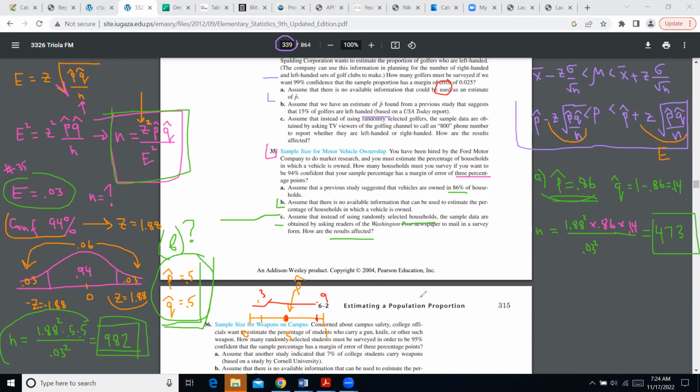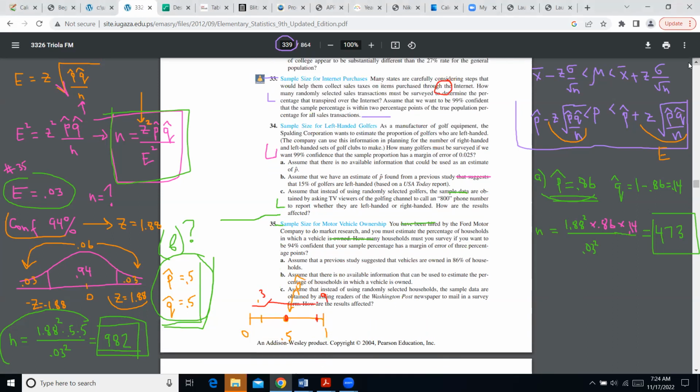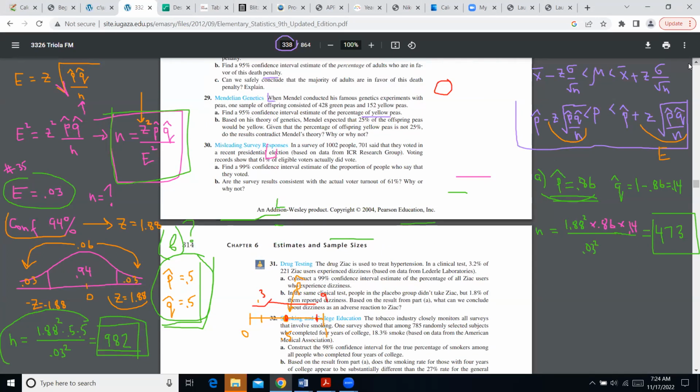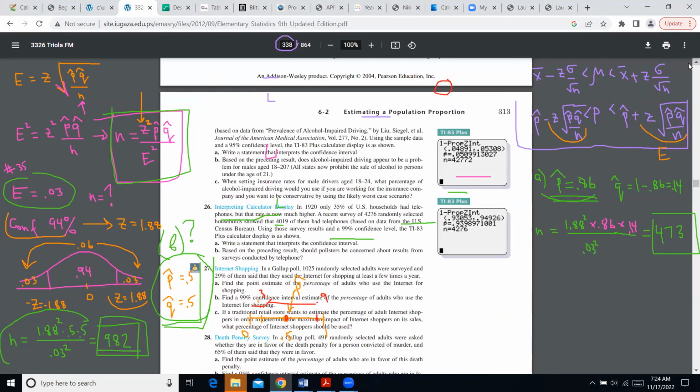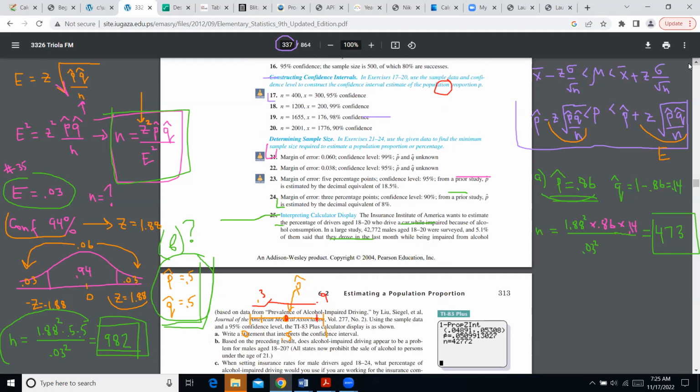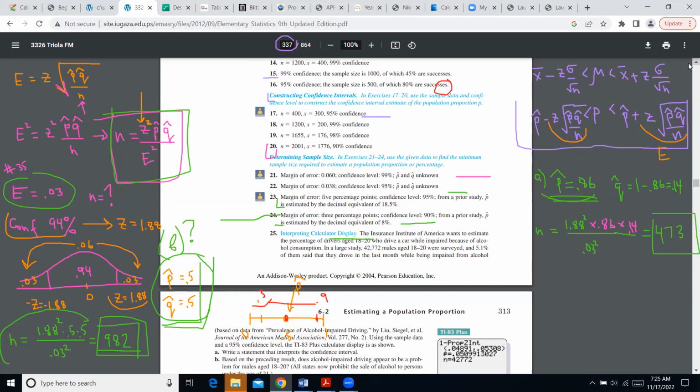So finding the sample size is always a first step when you're trying to get your confidence interval, because again, you don't want to get a way too wide confidence interval, within some reasonable boundaries.